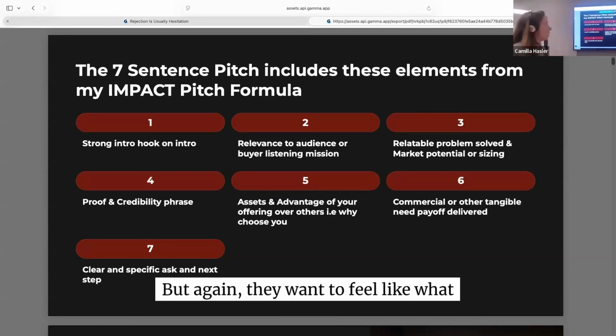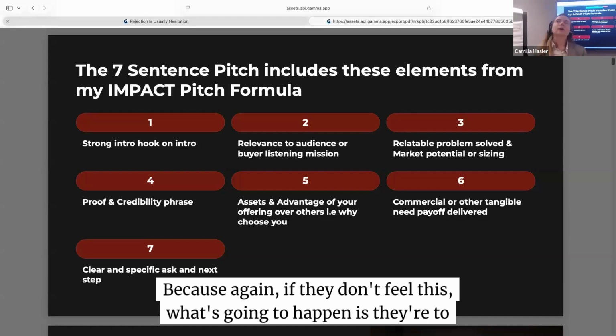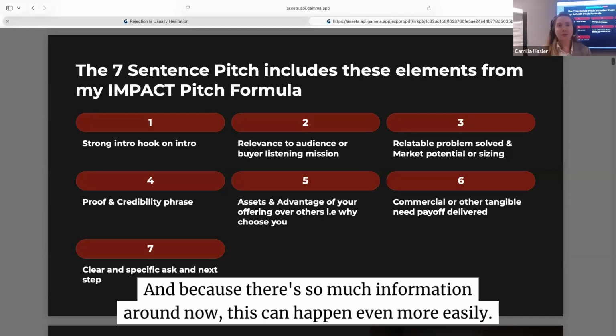But they want to feel like what you're bringing is incredibly relevant and important for them early on. Because if they don't feel this, they're potentially going to discount the information, which means they might selectively tune out. And because there's so much information around now, this can happen even more easily.